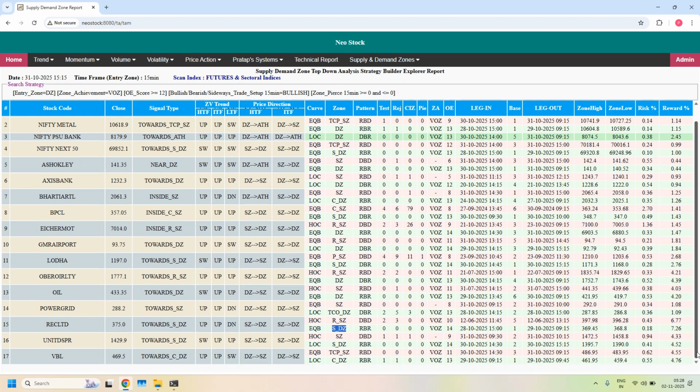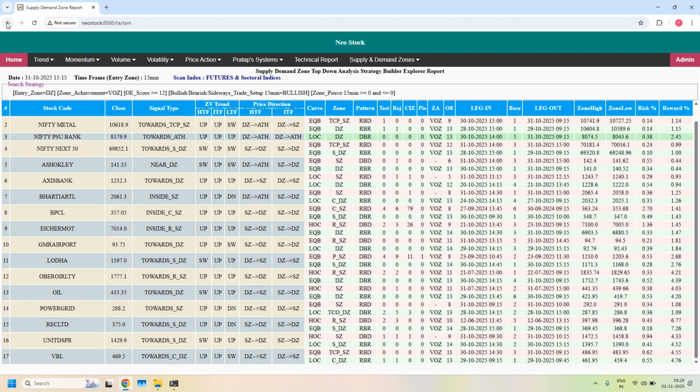And you should plan trades in these 17 stocks only if high probability trade setup 15 minutes demand zones are available. And we should identify high probability trade setup 15 minutes demand zones based on 2 different zone confluence and EMA confluence strategies that we learned in lesson 27.